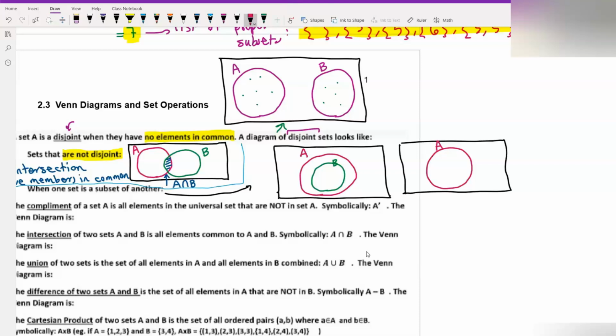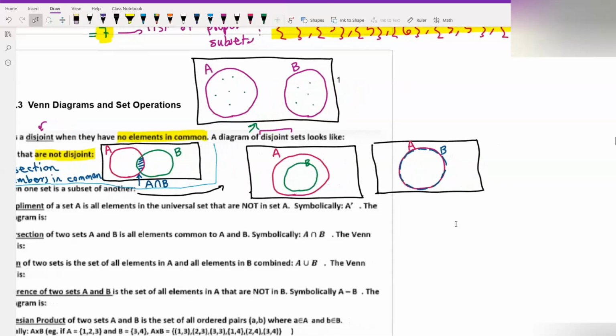This A and B. I'm trying this way because you can see that we have actually two circles, two sets with the same circle. The first one that we had here, this was B proper subset of A, and here B subset of A.